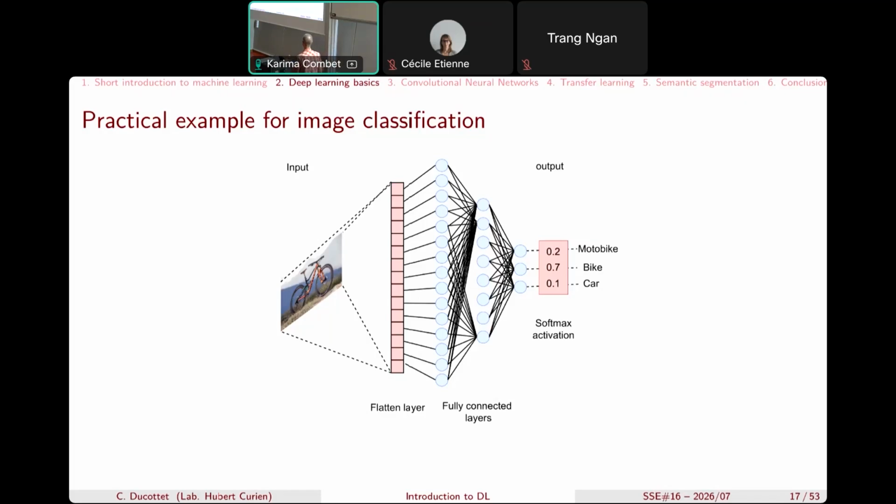So we could design several layers, and at each layer, we could decide the number of outputs we want. For example, here we have another layer, and then another layer.